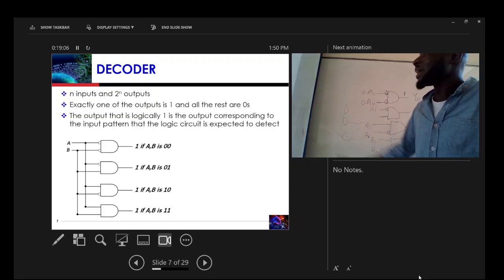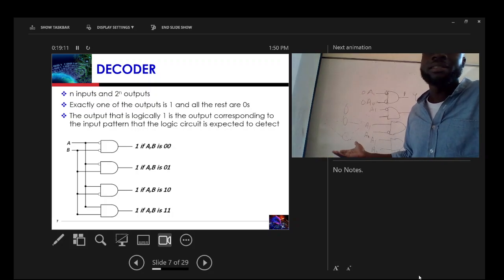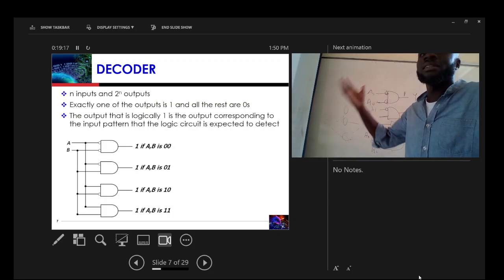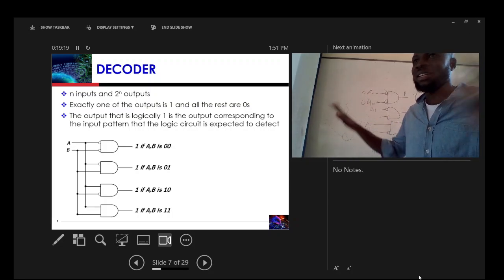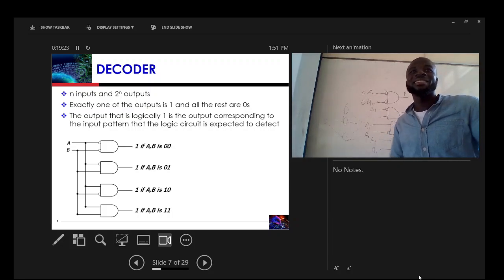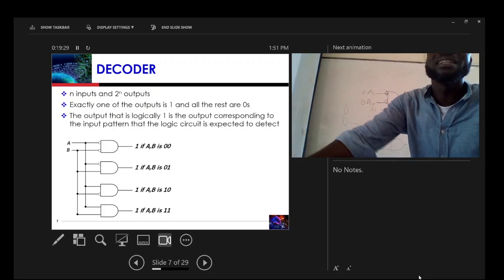So this is the inner architecture of a decoder. You have used logic gates, the AND gates and the inverters, to design your decoder. Easy, right? It's not really that complicated. It's just this.